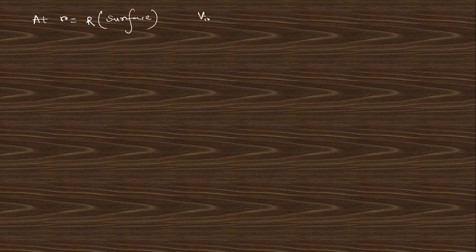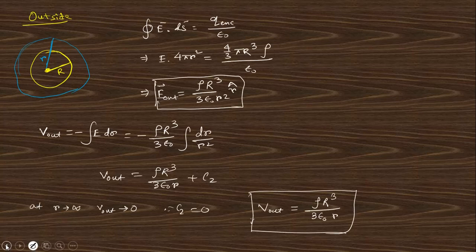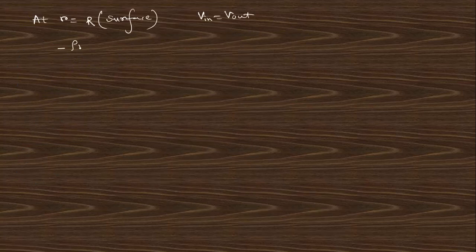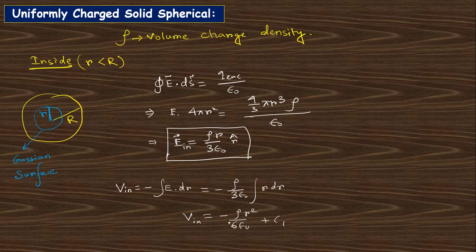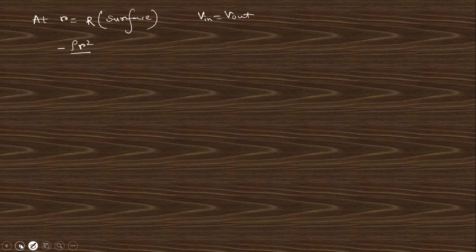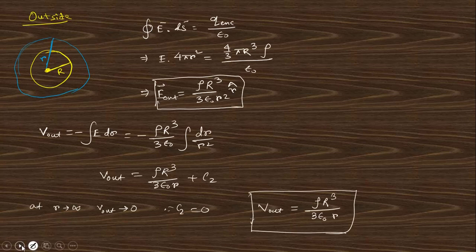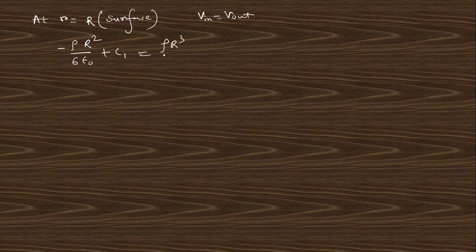And at the surface, at r equals capital R, V in equals V out. V in was minus rho r squared by 6 epsilon naught plus C1, and V out at r equals capital R is rho R cubed by 3 epsilon naught R. So C1 is nothing but rho R squared by 3 epsilon naught plus rho R squared by 6 epsilon naught.